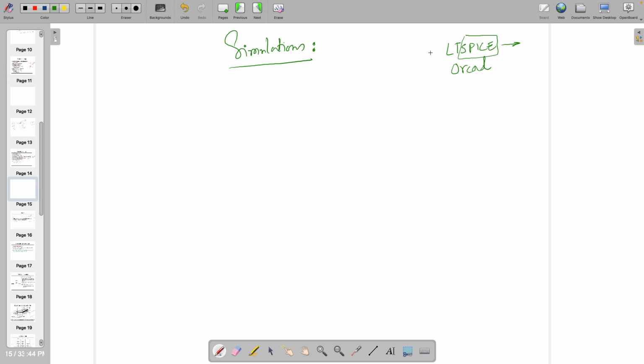And later on, many versions of Spice came: NGSpice, LTSpice, and a higher version of Spice came with something called BSIM. Have you heard about BSIM? B stands for Berkeley. There is one powerful group in Berkeley.